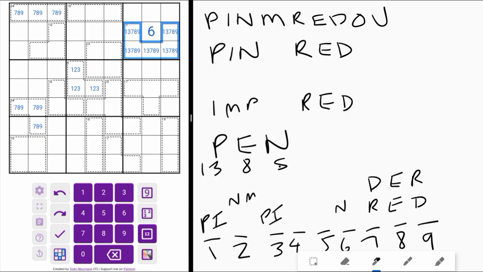It can't have N as a 2 there, can we? Because 2 and 8 is 10 and 1's 11, and there's no 11 there on the board. And 2 and 8 is 10 and 3 is 13, and there's no 13 on the board. So it can only be 16, it could also be 17, and then we can have the 6 and 8's 14, and 3's 17. 6 and 8's 14 and 1's 15, that doesn't work.